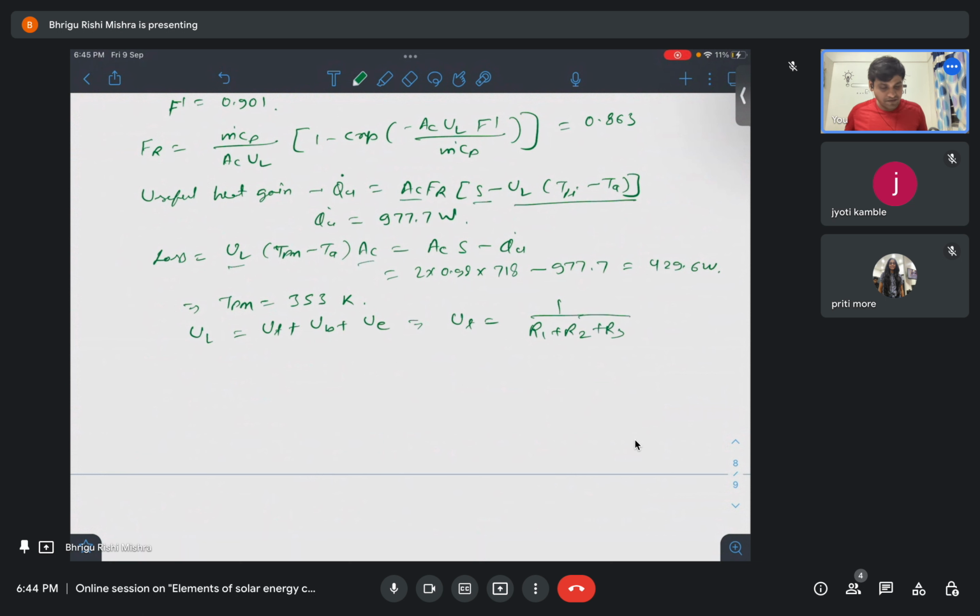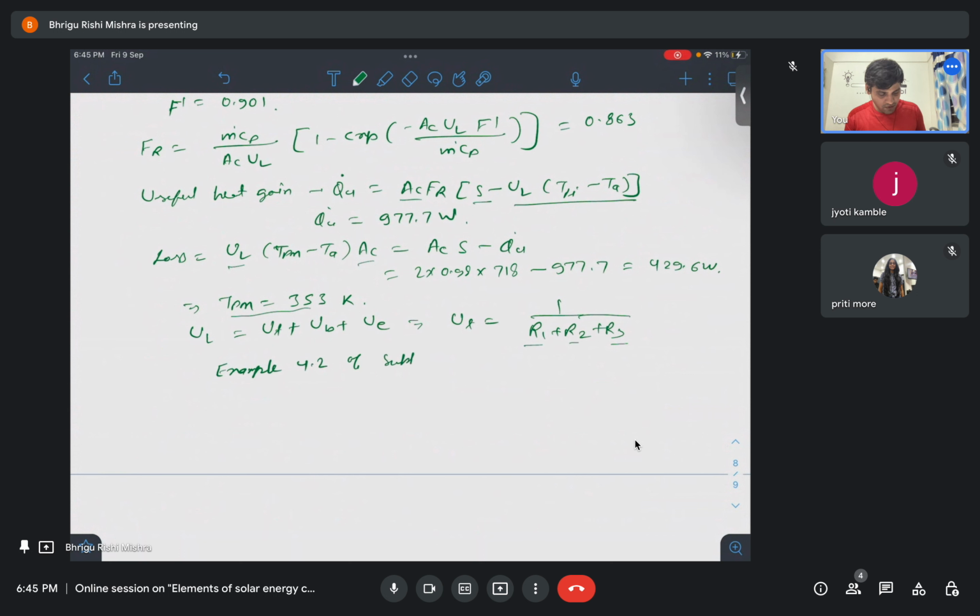Here comes the iterative process. Again you can use this Tpm to calculate R1, R2, R3. There are analytical and numerical expressions given to calculate these R1, R2, R3. I'm not going into that detail.